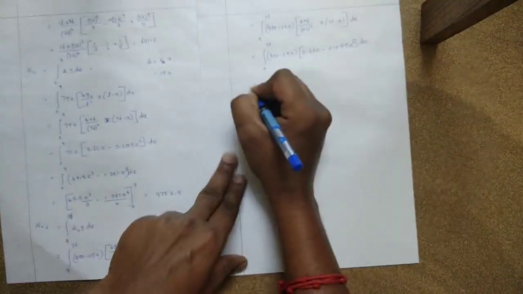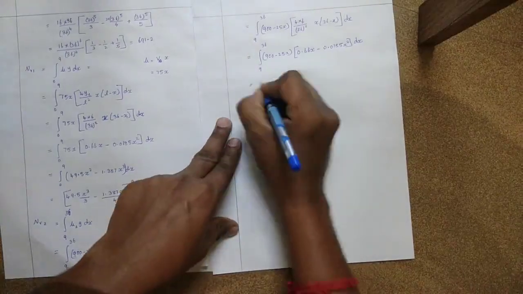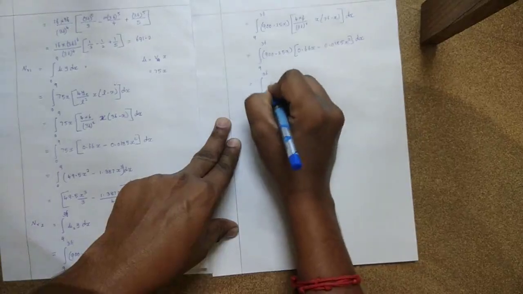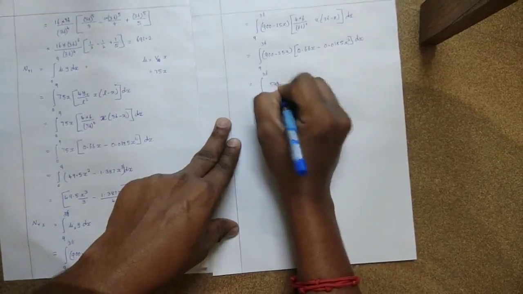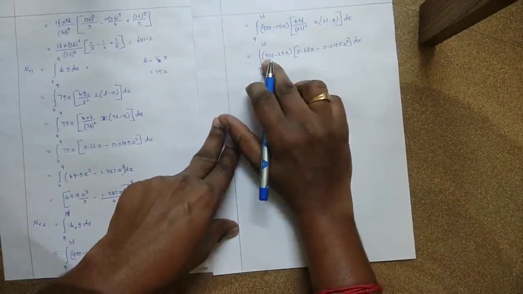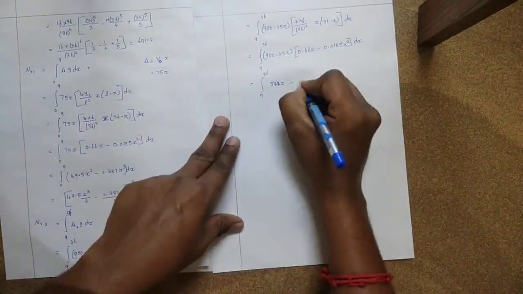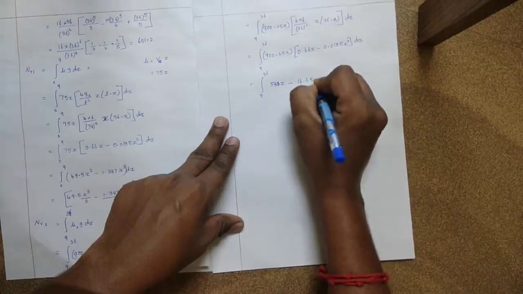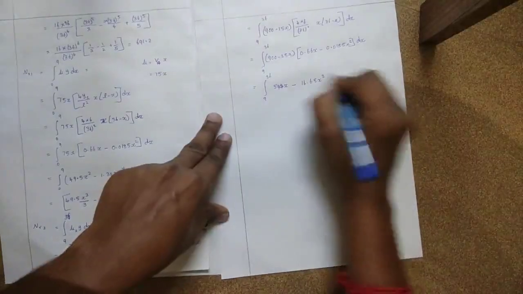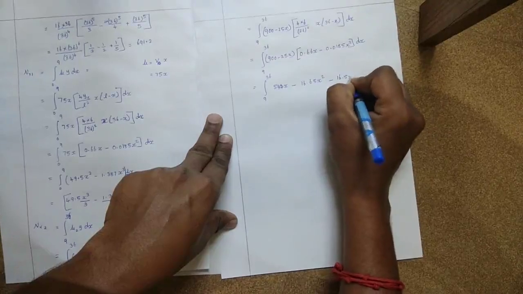Next we multiply this value inside. If we multiply, from 9 to 36, we get 594x by multiplying 900 into 0.66. Next we multiply 900 with 0.0185, so the value is minus 16.65 x square. Minus, by multiplying 25 into 0.66 we get 16.5 x square.